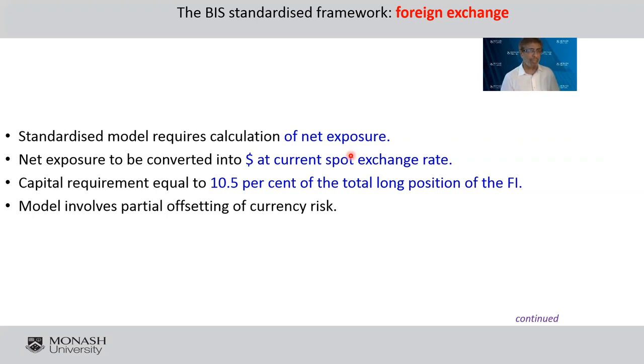This has to be converted into dollar value based on your positions, and multiplied by 10.5% as your capital. So you see your net exposure, multiply by the dollar value and by 10.5% to get the impact on the risk and add it to the capital. When you calculate the capital adequacy, we'll talk about it in week 11.